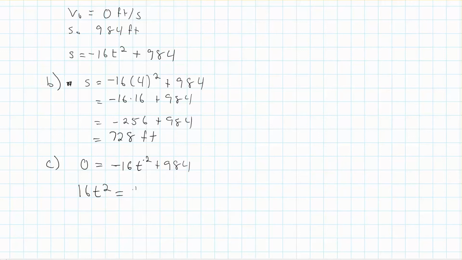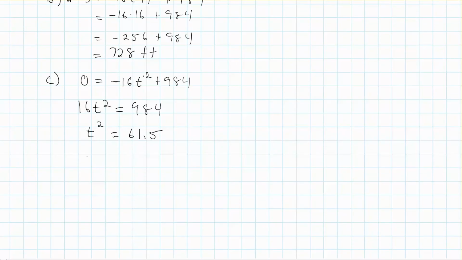So you get 16t squared is equal to 984. Divide both sides by 16. So we'd get t squared is equal to 61.5. And then t is going to be plus or minus the square root of 61.5, which it makes sense that we should only talk about the positive time and not the negative time. So the time is 7.84 seconds, because I approximated what that square root was to 2 decimal places.